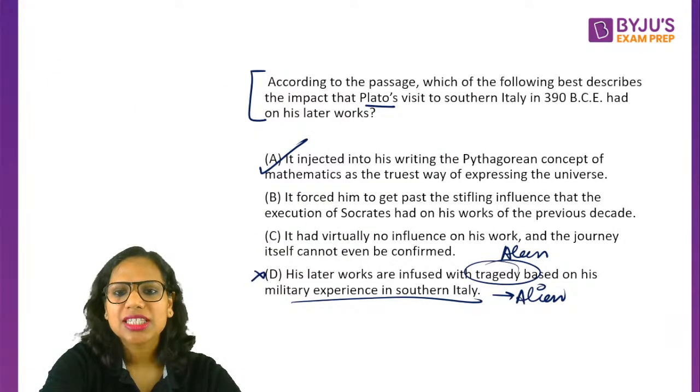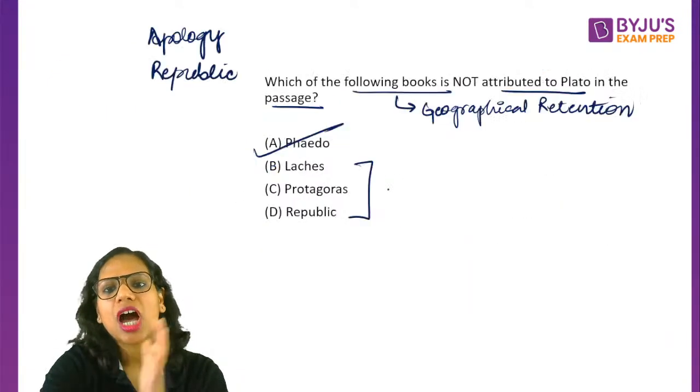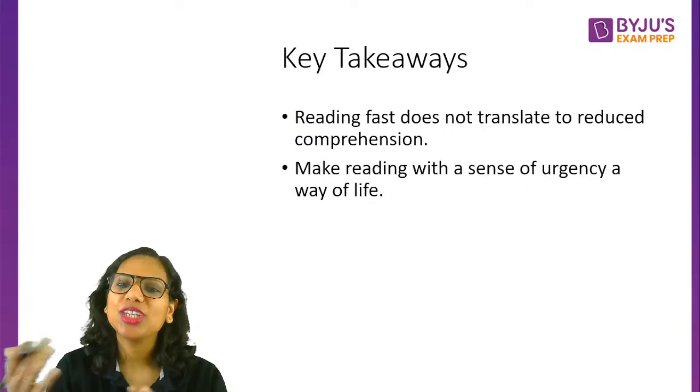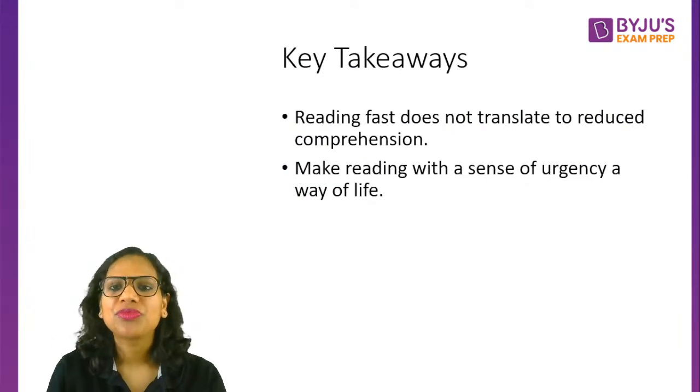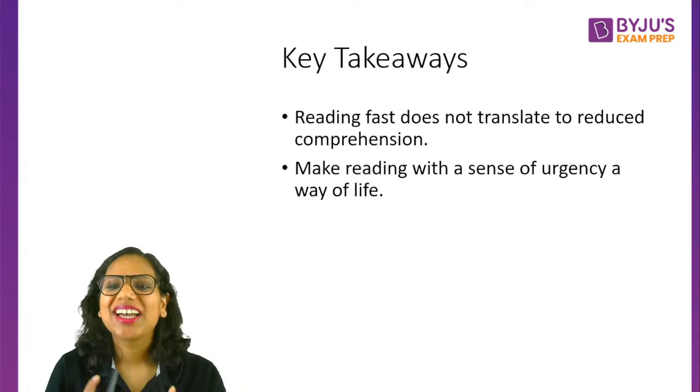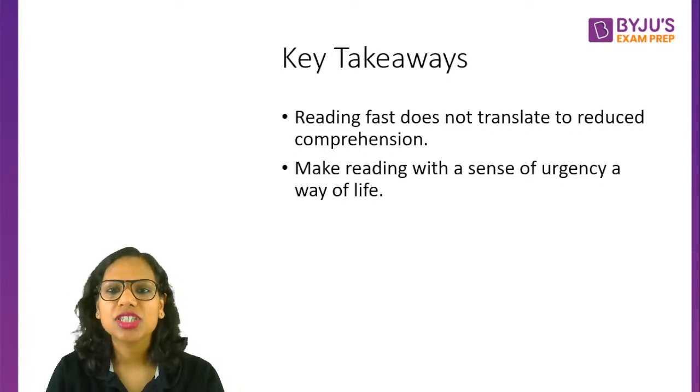I hope this helped you to understand how to read the passage, how to read for key ideas, what you can speed read over, and how to eliminate. Our key takeaways from today's session are: reading fast does not translate to reduced comprehension. A lot of this issue is psychological, and we have to work towards eliminating this psychological bias.